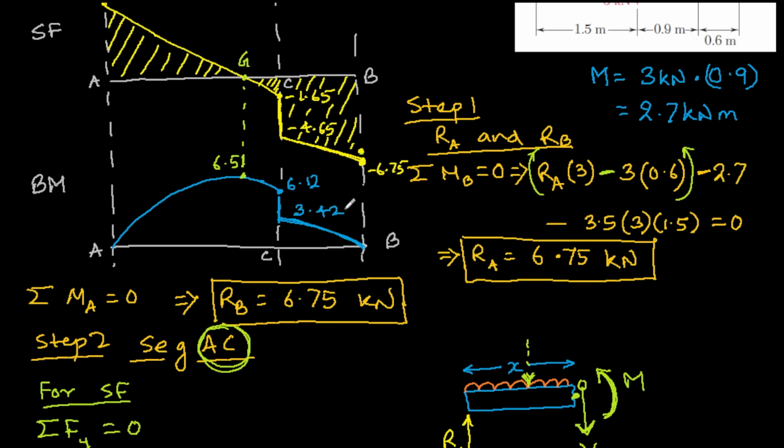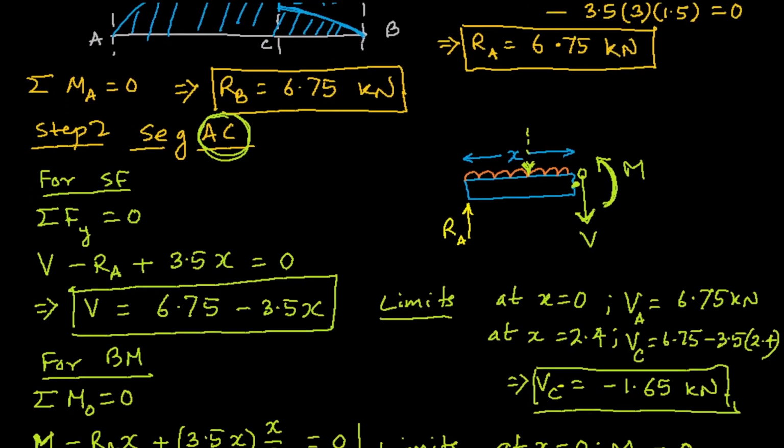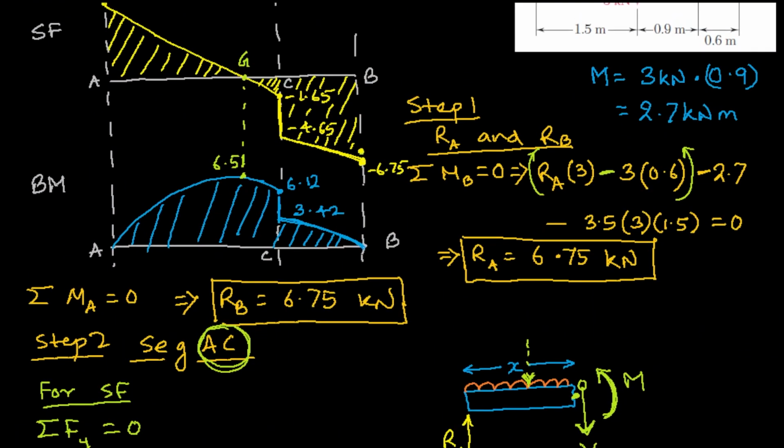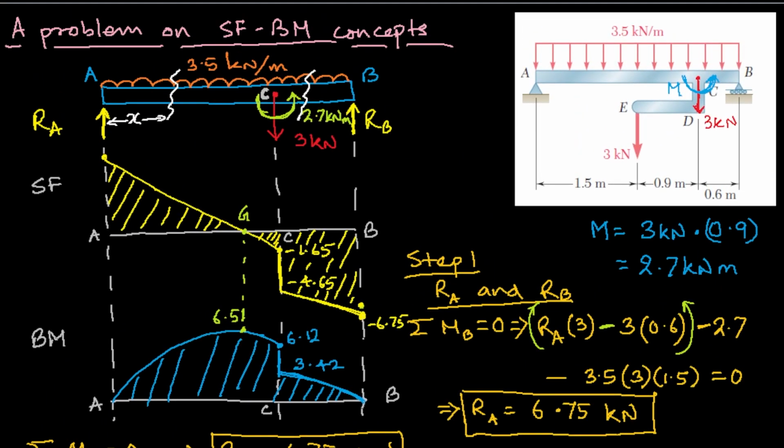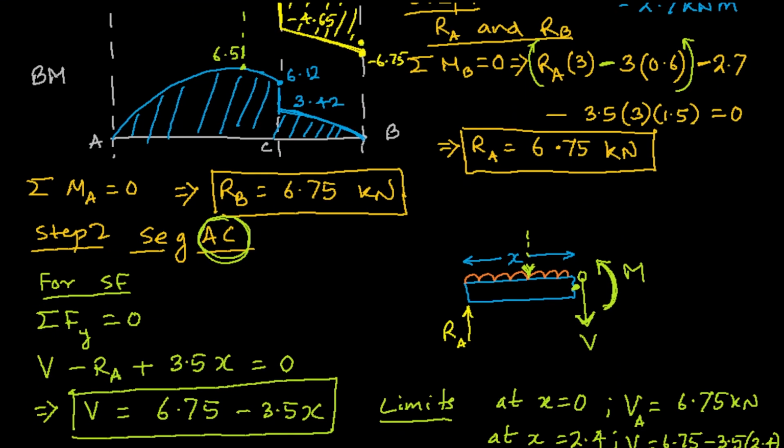Fine. So this is how your shear force and bending moment should look for the system which was given to us. Okay, I'm not calculating this shape here because the video is getting very long anyway, but I think it's quite clear what you are supposed to do.